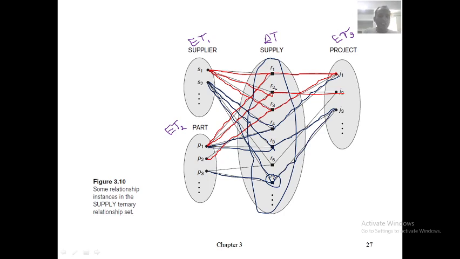If you take this r2 relationship, supplier 1 is supplying part 1 for project 2, like this. Is it clear now? Ternary relationship is understood? Yes, sir.